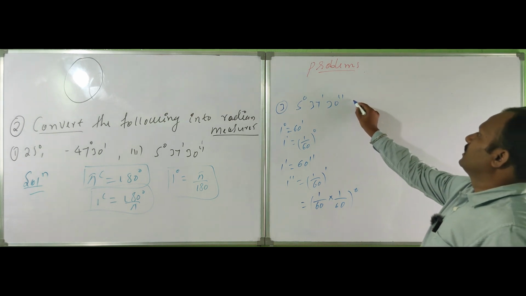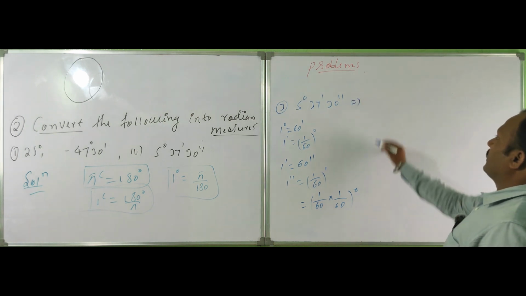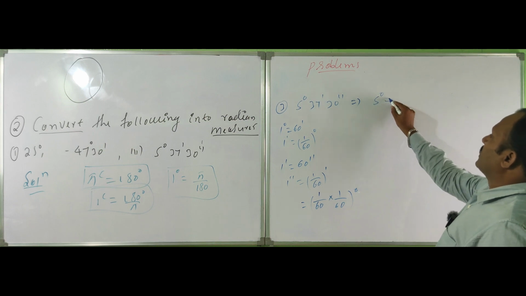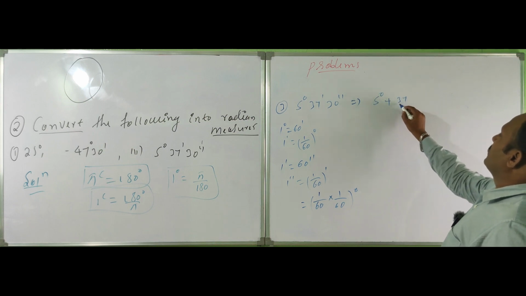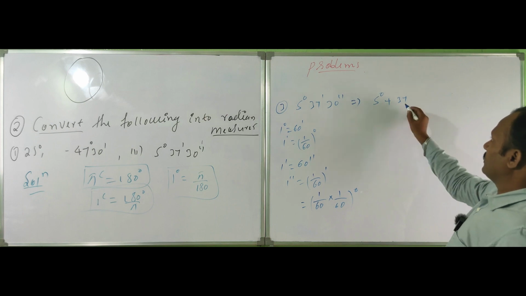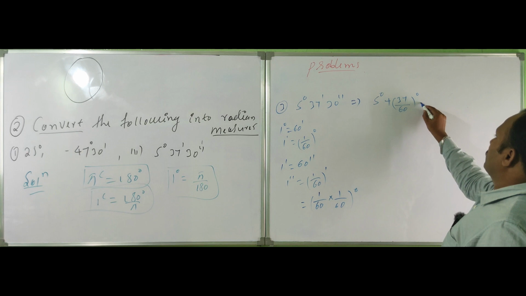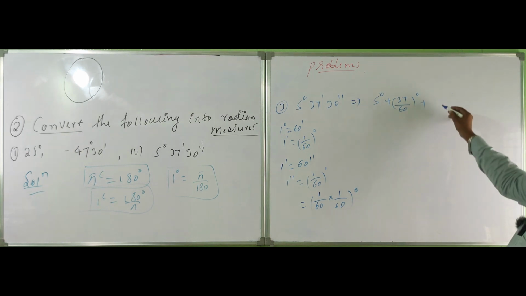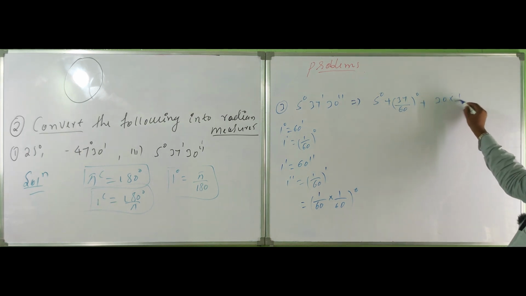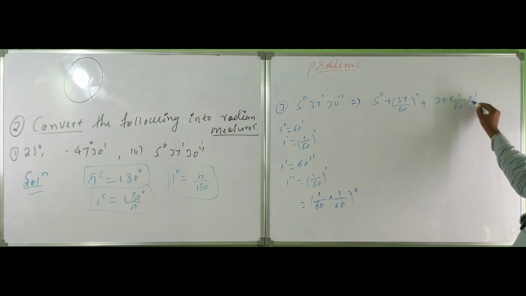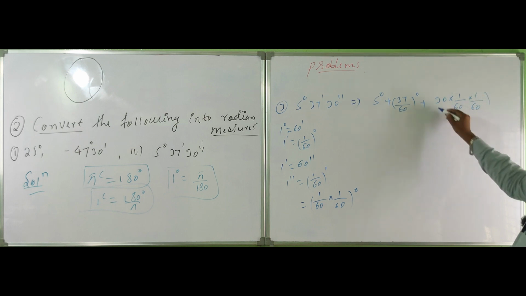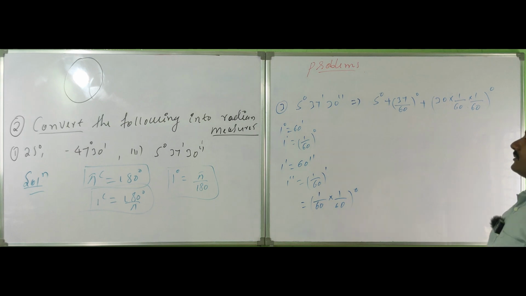This becomes 5 degree plus 37 minutes, and the 30 seconds multiplied by 1/60 into 1/60 degree in terms of degree.